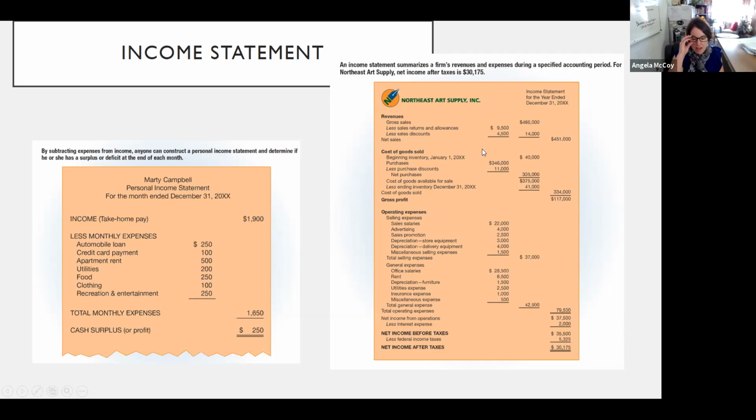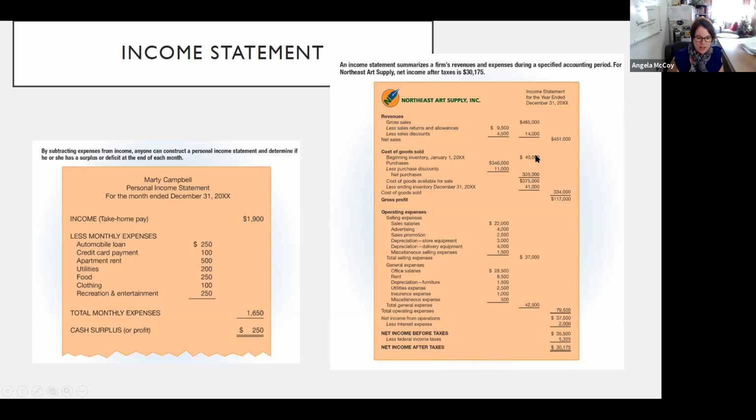The standard method of determining cost of goods sold by retailing or wholesaling firms during an accounting period is summarized as follows. Your cost of goods sold equals your beginning inventory plus your net purchases minus your ending inventory. In this case, Northeast Art Supply began its accounting period with merchandise inventory of $40,000.